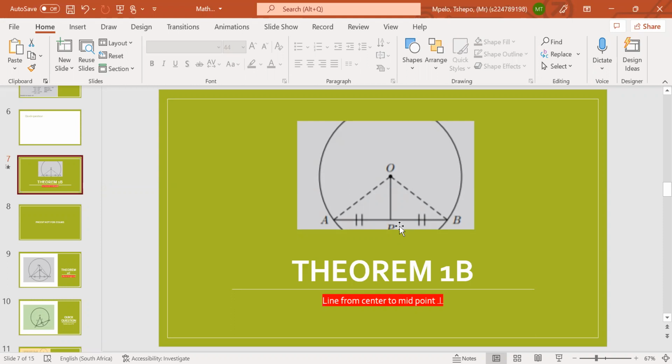What am I going to conclude? Can you make any conclusion out of that? For the perpendicular. Exactly. You're going to conclude that the line is therefore perpendicular.